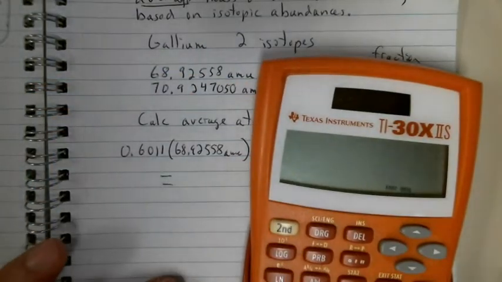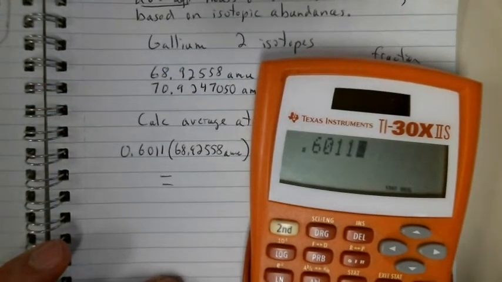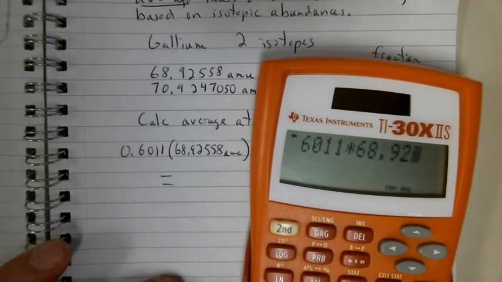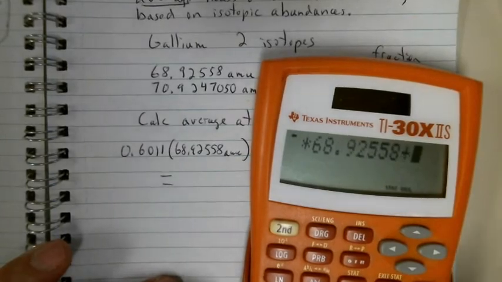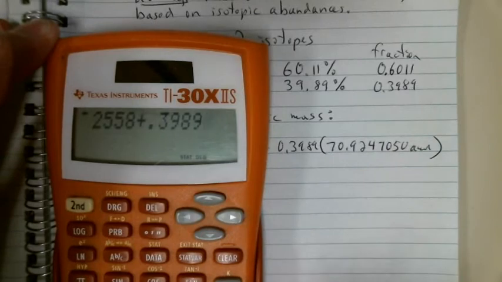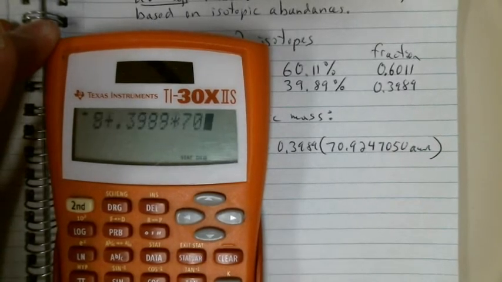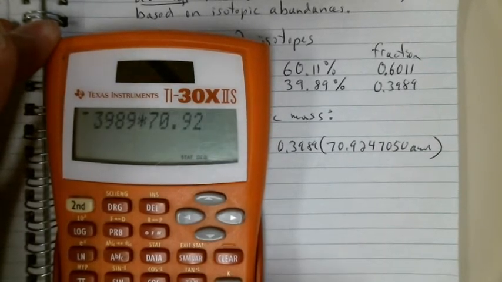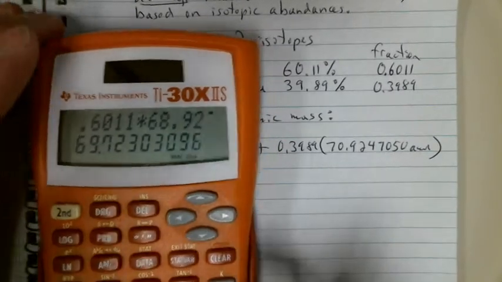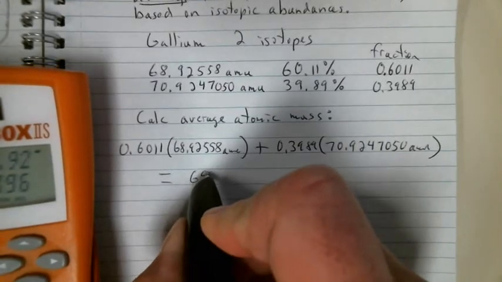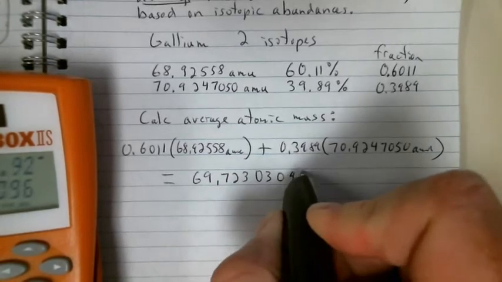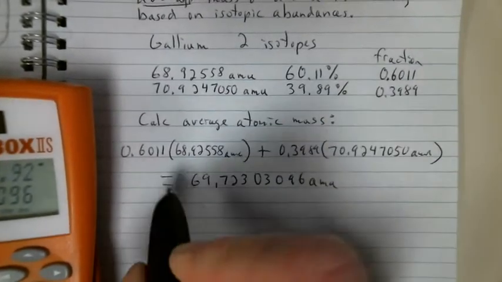Maybe it'll work. 0.6011 times 68.92558 plus 0.3989 times 70.9247050. Hit equals, and I get 69.72303096.